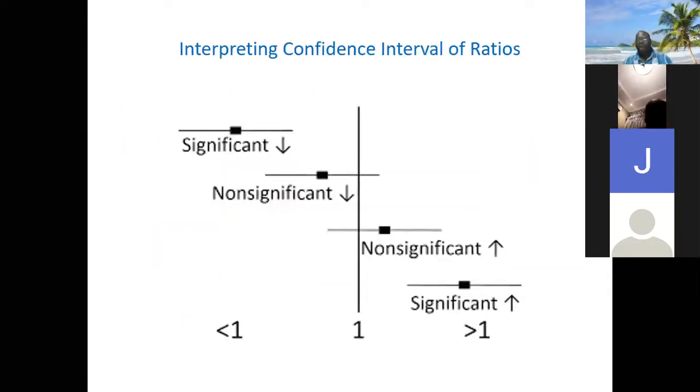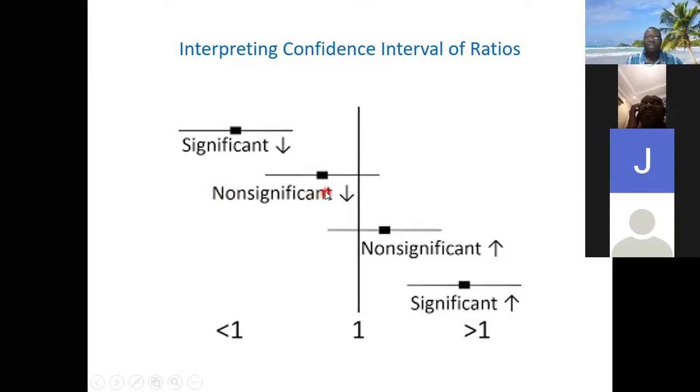And further, you interpret it with the confidence interval. We already said it before. When the confidence interval crosses one, it means that it's not significant. Like these two scenarios now, number 2 and number 3.